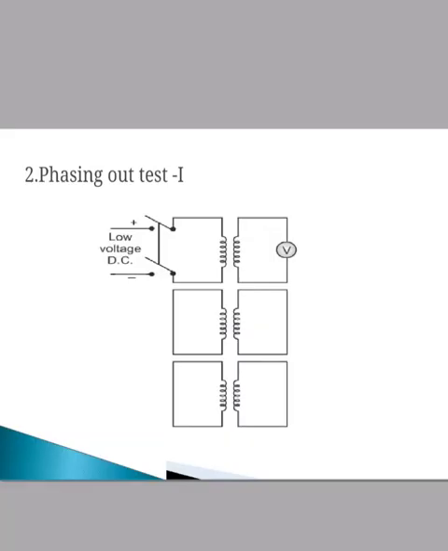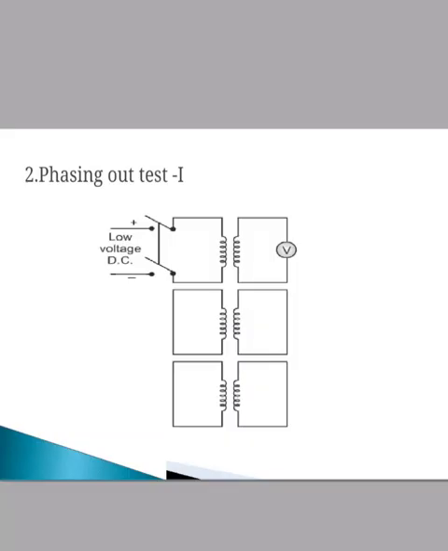Similarly, to determine the secondaries of the remaining two phases, the DC supply is connected to the other phase winding on the primary side and the voltmeter is connected across one of the secondary phase windings. If it gives a deflection, then it is the same phase, or the same phasing.